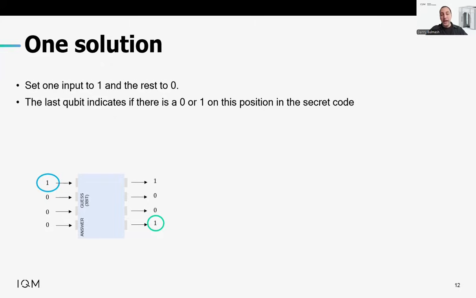There's no other way to flip the answer qubit because we don't put in any other ones. So if the answer qubit did get flipped, that must mean there's a 1 in the first spot in the secret code, because that's the only chance we have to flip the answer qubit.